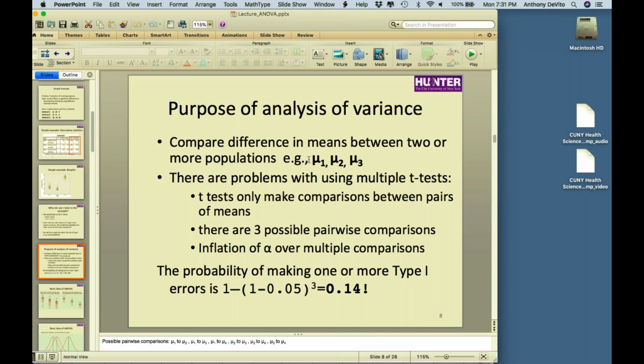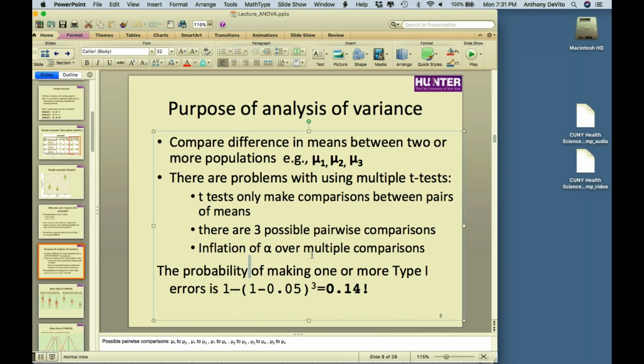If your p-value is less than 5%, you're 95% sure you're right. Well, if you do that 3 times, and each time you're only 95% sure you're right, then the probability that you would be right is going to be 0.95 times 0.95 times 0.95. If you work that out, it's going to come out to 86%.